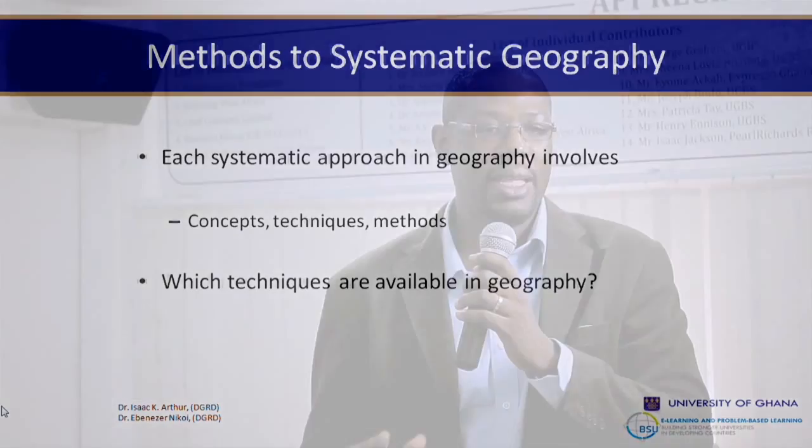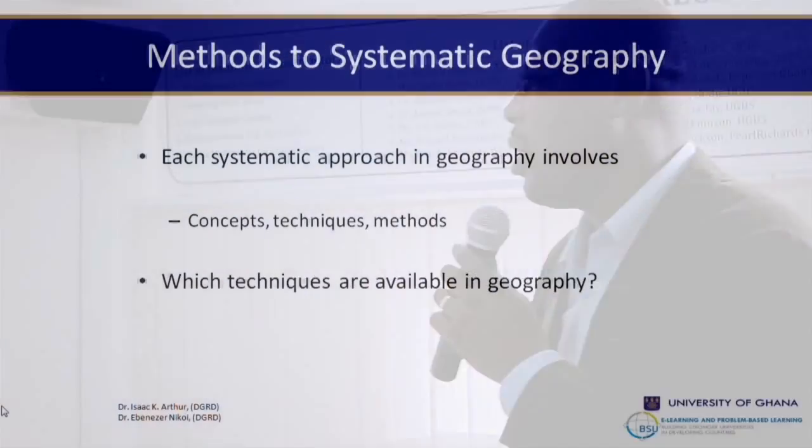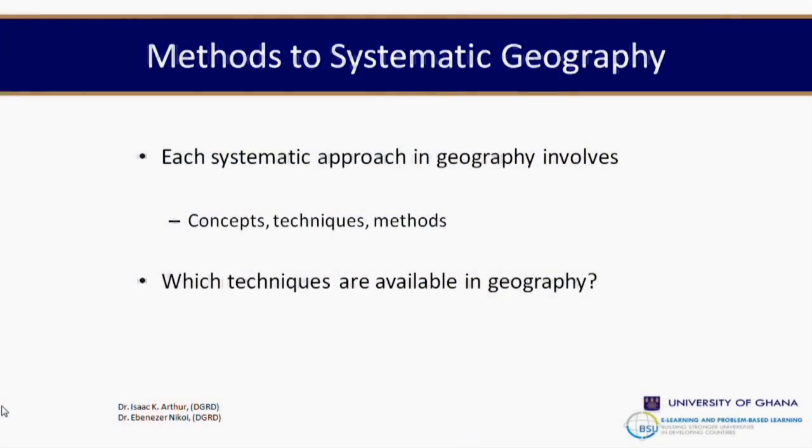Concepts are usually ideas which people formulate, right? And then techniques and methods are somehow interrelated, right? But they are basically based on approaches which we can use to study a particular phenomenon. So the question is, which techniques are available in geography when we want to study any phenomenon?